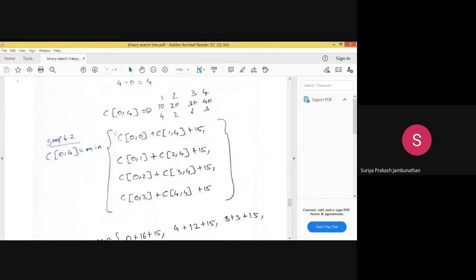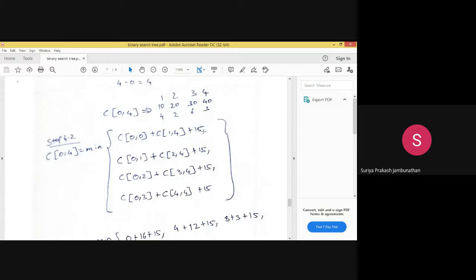So C of 0, 4 equal to min of C of 0 comma 0 plus C of 1 comma 4 plus. So first time k value is 1 and j value is 4. Okay, and adding all this, C of 0, k plus C of k, 4, so k value is 1 and j value is 4.